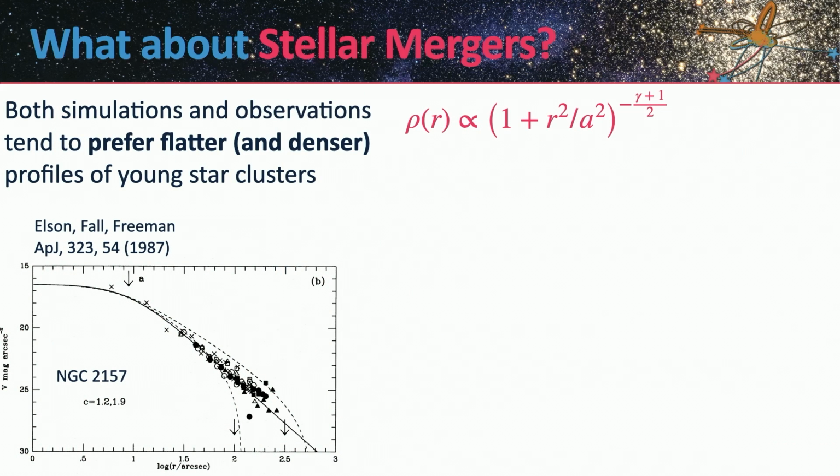And instead, if you look at young star clusters in the LMC and SMC, this goes back to some work by Elson, Freeman, and Fall in 1987, they really just seem to be power laws, like everything else in astronomy, right? They have some flat core, and then the outer regions just have these power laws that go something like this. This is also sometimes needed to explain larger globular clusters in the Milky Way.